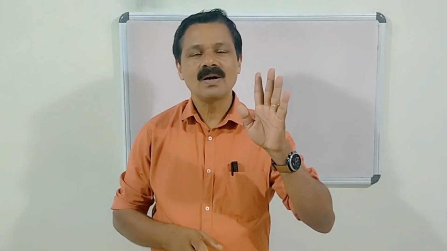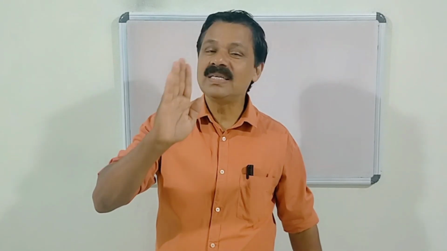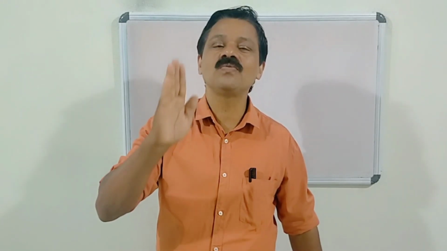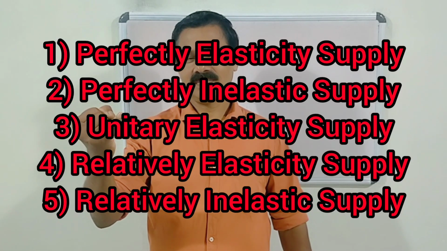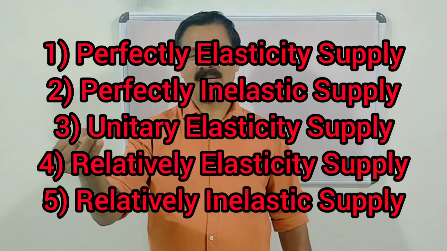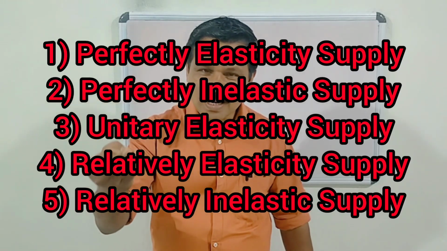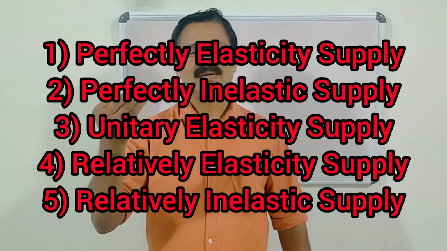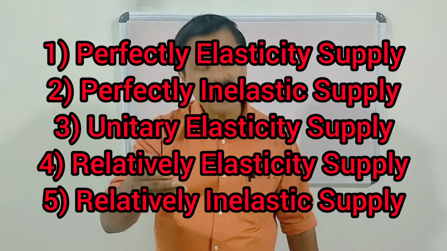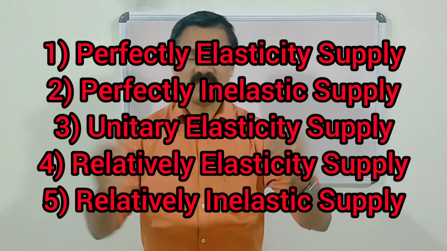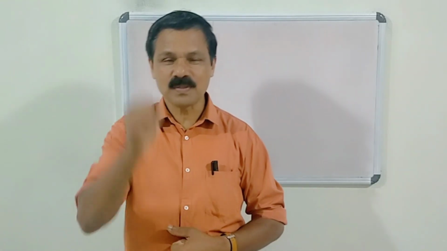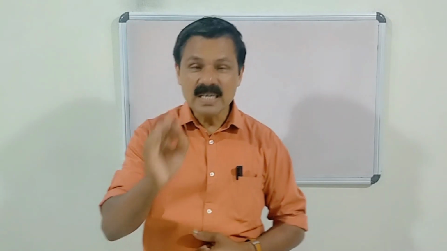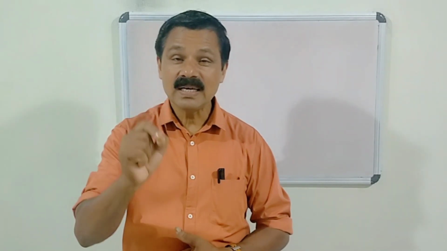Here there are 5 degrees of elasticities of supply: perfectly elastic supply, perfectly inelastic supply, unitary elastic supply, relatively elastic supply and relatively inelastic supply. These are the 5 types, that is, 5 degrees of elasticities of supply.